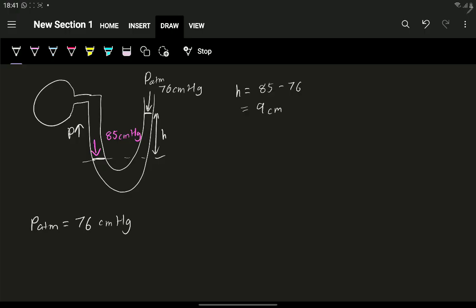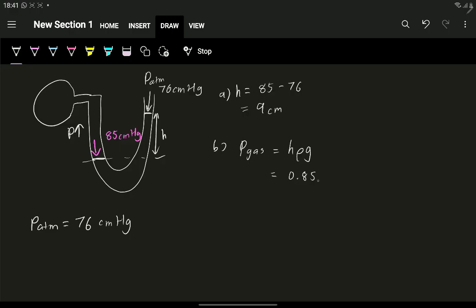The next question is, what will happen to the value of h if mercury is replaced with water? So the pressure of gas equals h rho g. This one is in mercury. So 0.85, because this is in cm, we need to change it into meter.